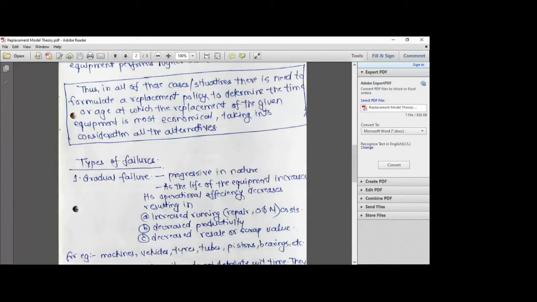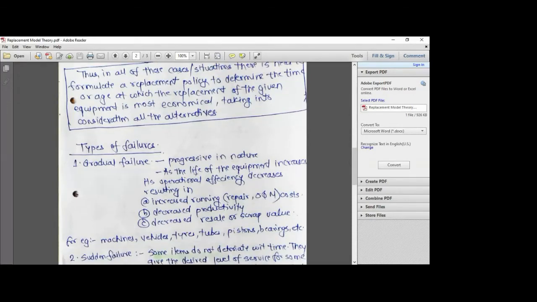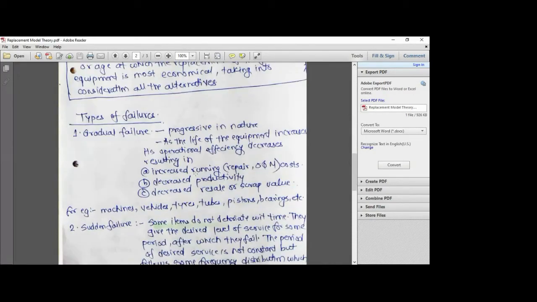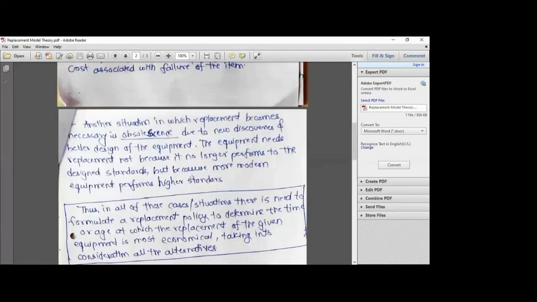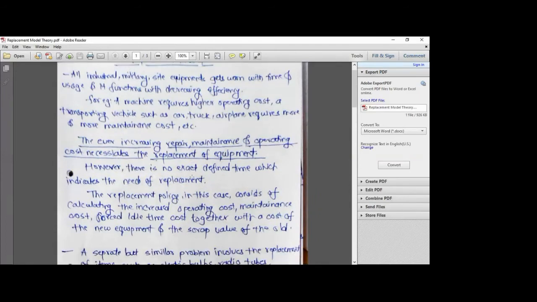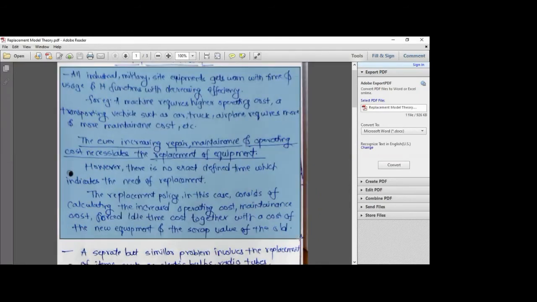If we move ahead and think of the types of failures, let's go into a bit more detail. We have seen gradual failure. Our very first case related to the equipment is the gradual failure, right?